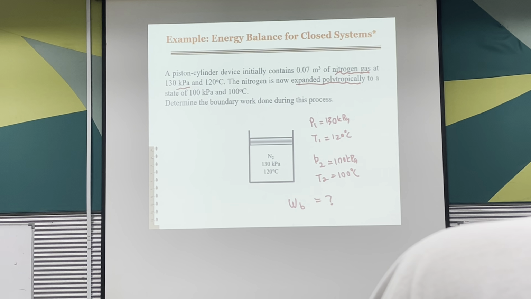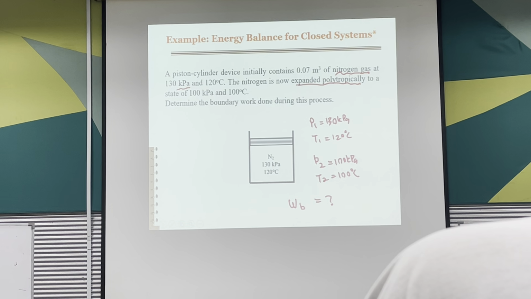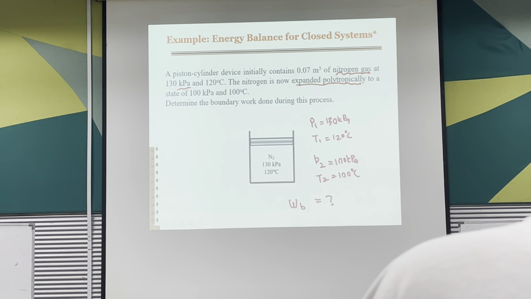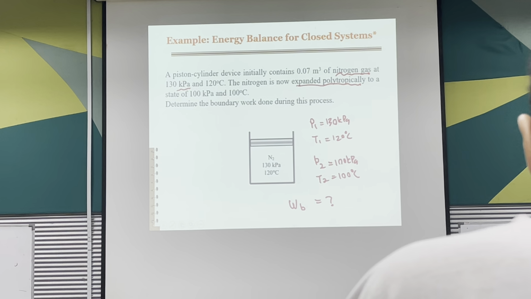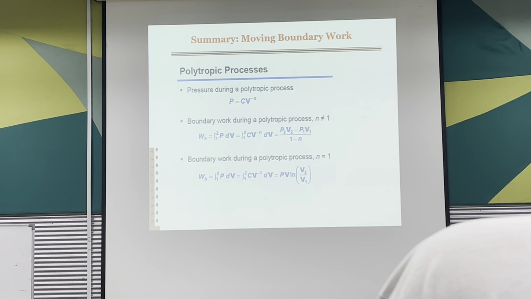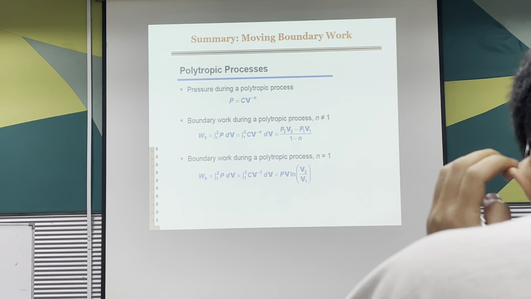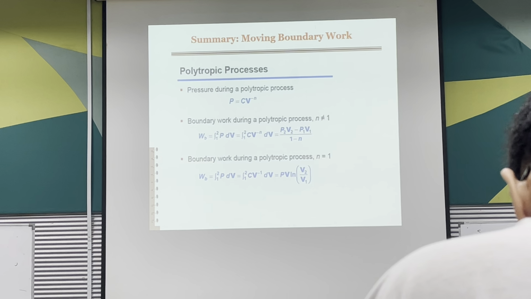The keyword here would be polytropically. If the process is a polytropic process, then let us go all the way back. If it is a polytropic process, then you actually need to make use of this equation.